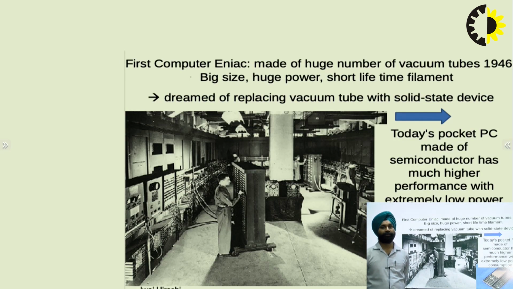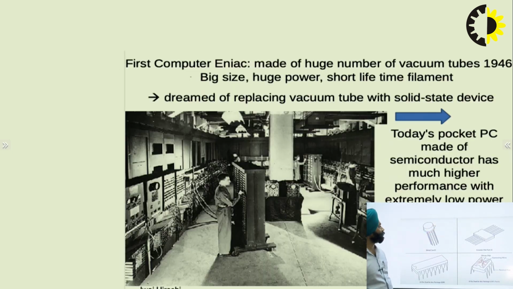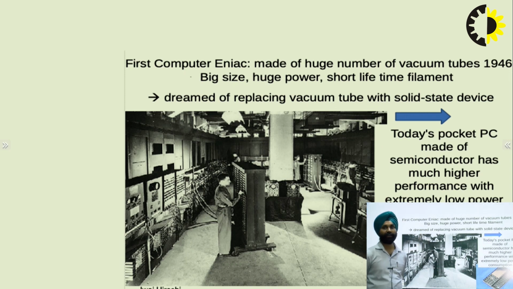Before ICs, the first computer, ENIAC, was prepared with the help of vacuum tubes. It was 1946, and it was the size of more than a hall. It had a shorter life, and the size was very high.